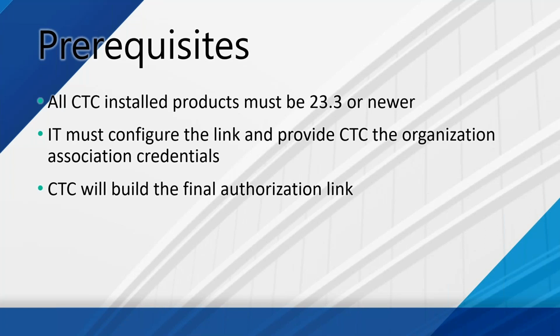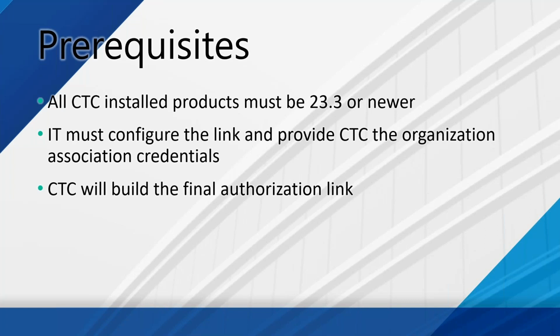IT needs to configure the link data that I'm going to show you in a minute. I'm actually going to show you exactly the steps IT will need to go through, and they need to copy some key pieces of information and send it to us so that we can associate your organization with our authentication, and that way there's a handshake and your users can leverage single sign-on. This is a one-time thing.